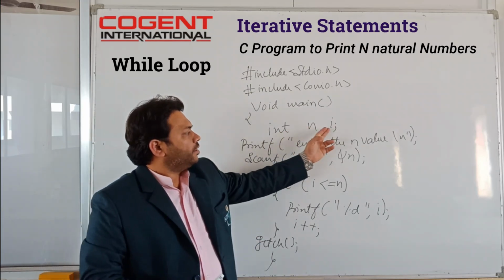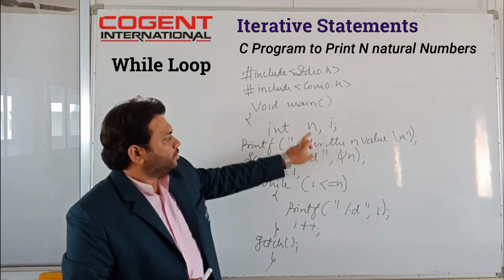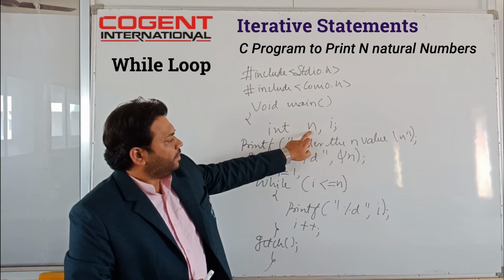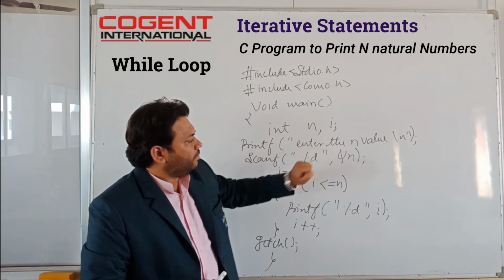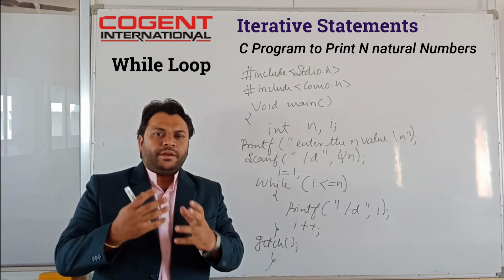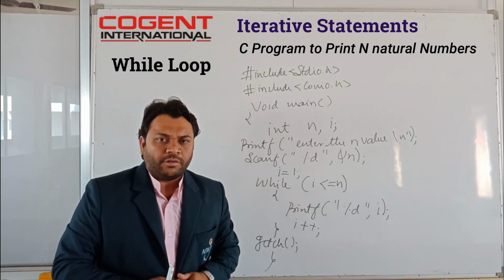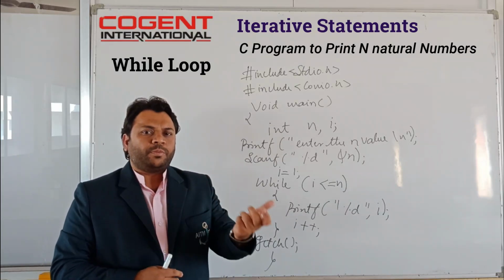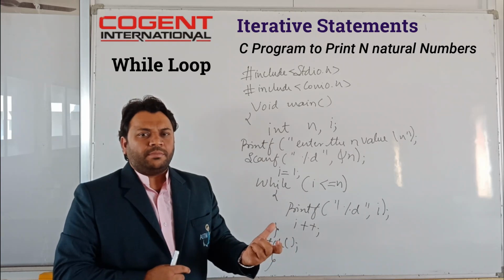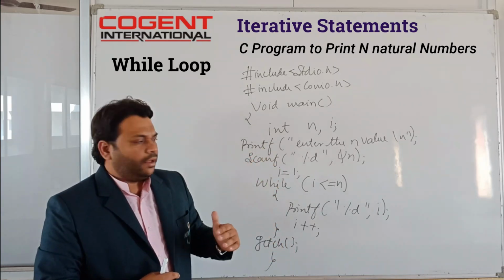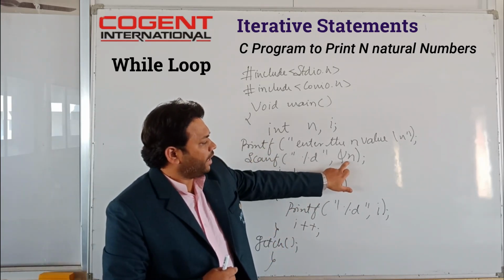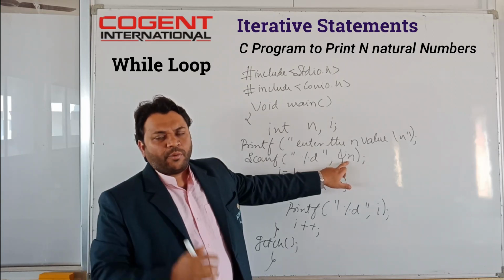Now we will understand the program. Here I have declared the two variables n and i. This n indicates the n natural numbers, how many natural numbers I want to print onto the screen. If I want to print the 10 natural numbers like 1, 2, 3 up to 10, then this value indicates till how many numbers I am going to print.